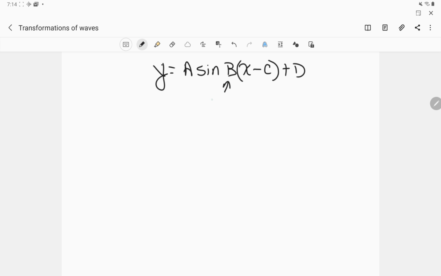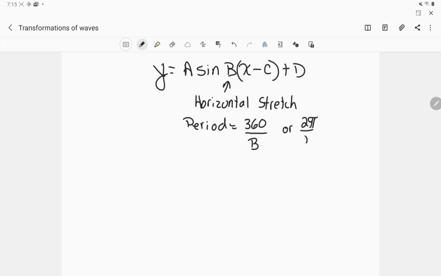Then we talk about what the B is for. The B is not your period, but it is your horizontal stretch. You use B to figure out your period because period is 360 divided by B, or if you're talking radians, 2 pi divided by B. In order to make that happen on the graph, you divide.